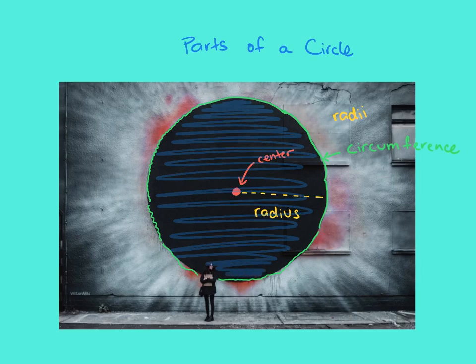And I saw that Dean said chord. A chord is like the diameter, but it does not go through the middle. No, I don't want that color. I want it like this. So from here to here, line segment AB is a chord. What do you call a chord that does pass through the center?